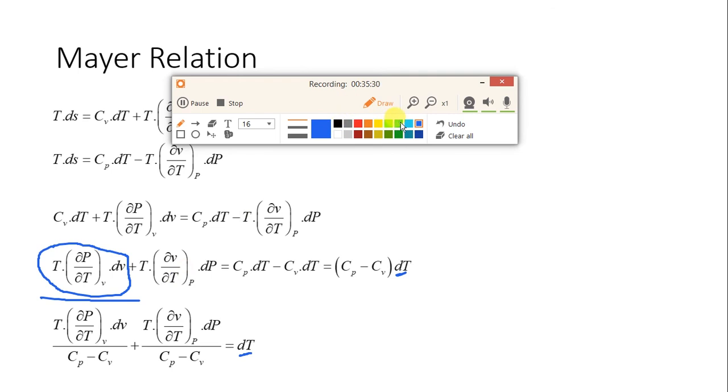Similarly, this term also can be divided by Cp minus Cv. So T dou V by dou T when pressure is held constant, dP, divided by Cp minus Cv. You get this equation.